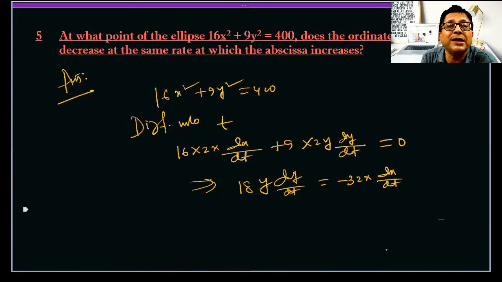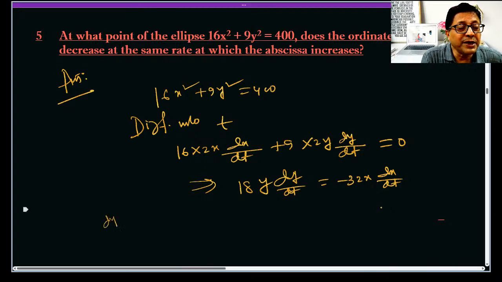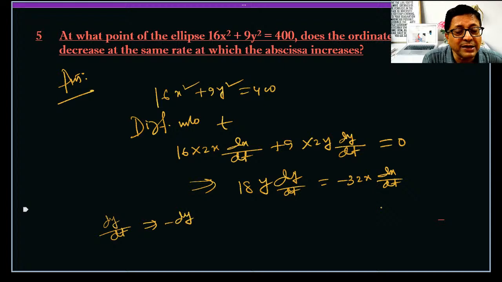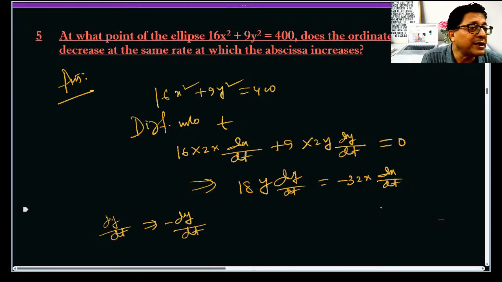Now, what is given over there? Ordinate decreases. Ordinate decrease means dy by dt will be negative, so dy by dt will be replaced by minus dy by dt. And for dx by dt, the abscissa increases.